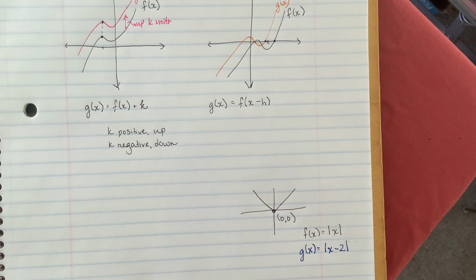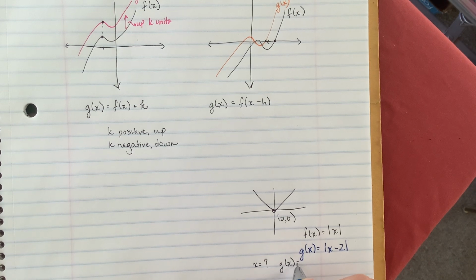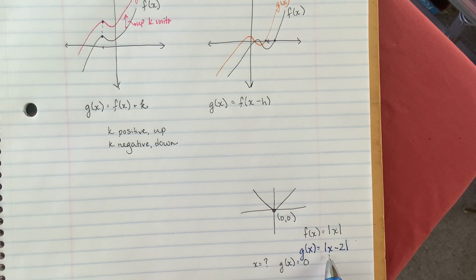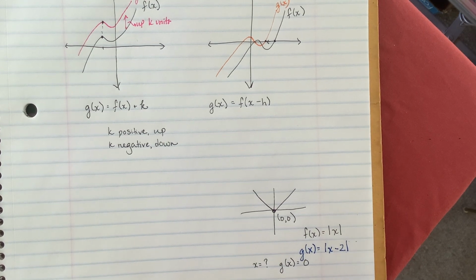If we want to know what's happening to our reference point, we would want to find out what value of x would give me g of x is equal to 0. So if I look back at my equation for g of x, I know that the absolute value of 2 minus 2 would give me 0.